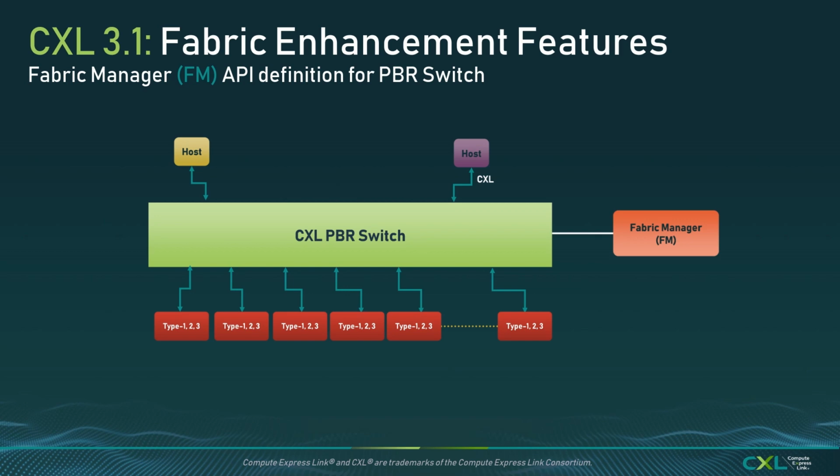The host really sees the PBR fabric as a single level of switching, even though there are intermediate links, and all that is controlled through this fabric manager. And 3.1 really is defining that fabric manager for PBR switches. Okay.